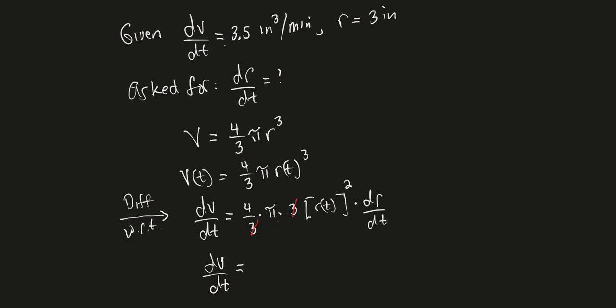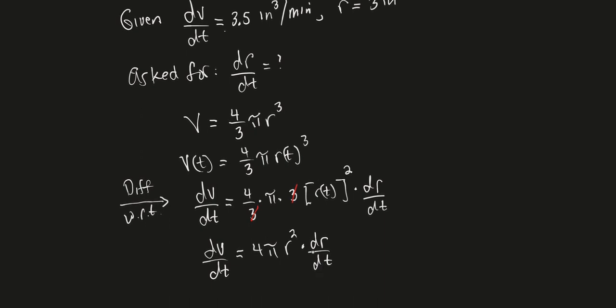So we have 4 pi, then we have a radius squared times the rate of change of our radius, and this is what we want to find. And if you realize we have everything else that we need, we know that the rate of change of volume is 3.5, the radius is 3, and then we're asked to find this missing rate.